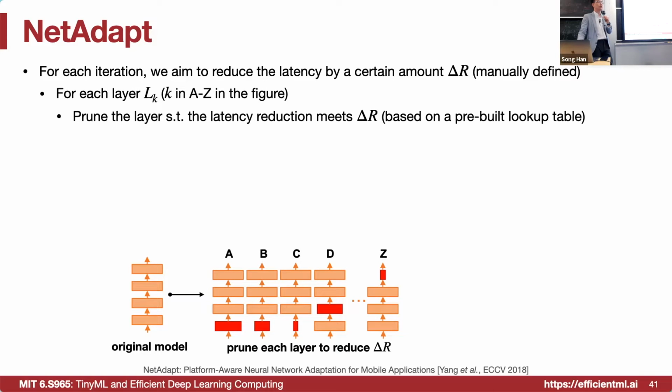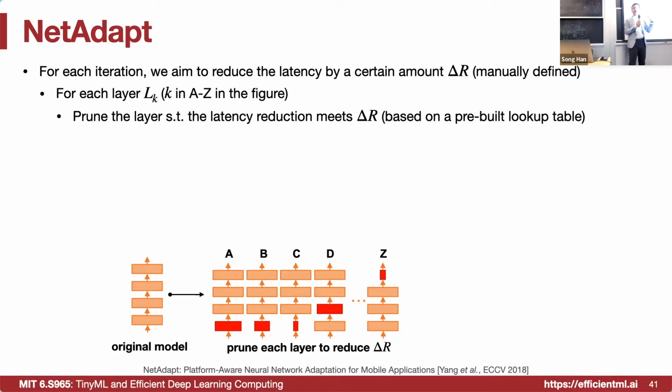We define a delta R, a latency reduction we want to achieve. We try different layers. For the first layer, how much do we prune such that we can meet this latency reduction of delta R? We prune more aggressively until we meet the delta R target.